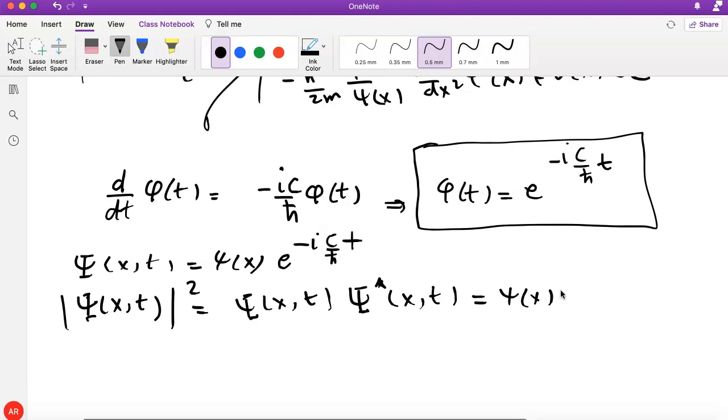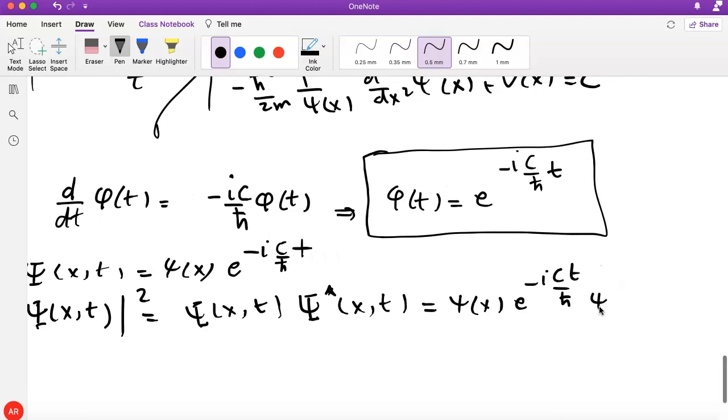So it's psi of x e to the minus i c t over h bar times psi star of x, because psi could be complex itself, times e to the plus i. To take the complex conjugate, I just change the i to minus i. And then the product of these two things is 1, right?